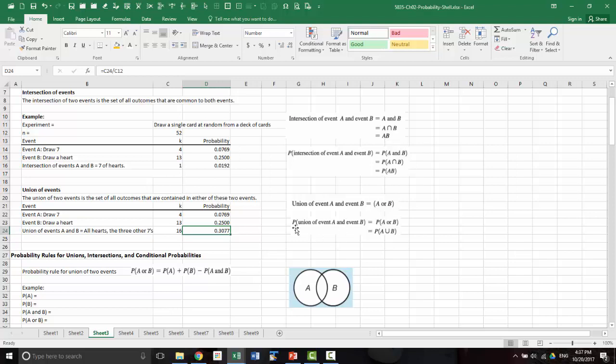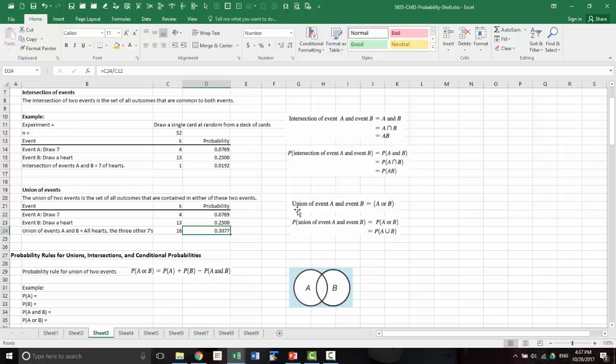So we can write the probability of A and B, or the probability of A upside-down U B, or the probability of just AB. These are the notations we use for intersection.